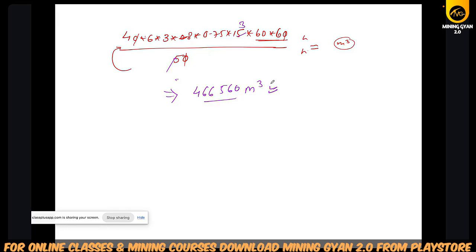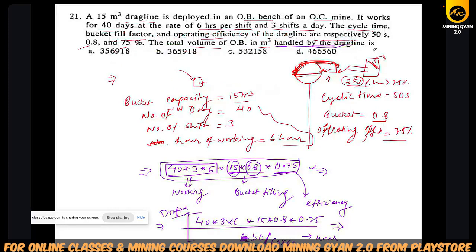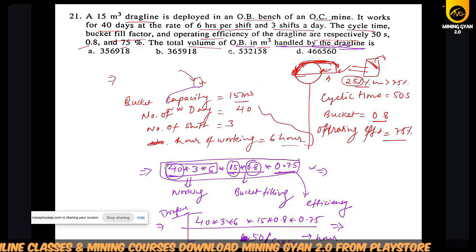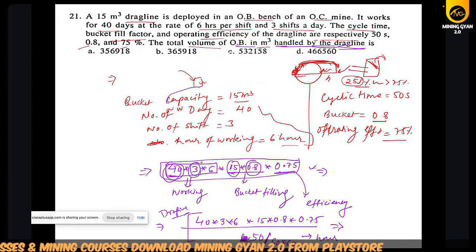So what we have done in this question: he has asked for the total OB handled by the drag line. First we started with how many working days, 40, then how many shifts, 3, then how many hours. So this is, मतलब 40 दिन में कितना अपना वर्किंग है.